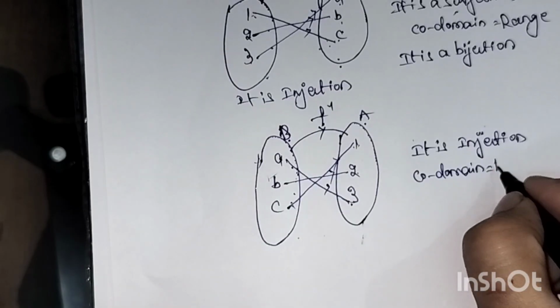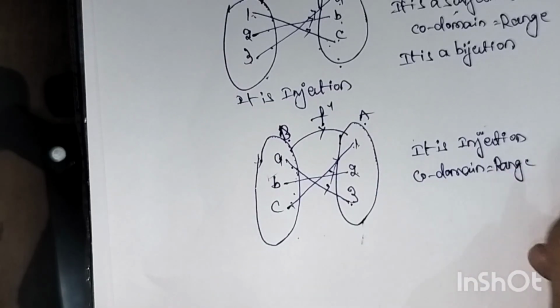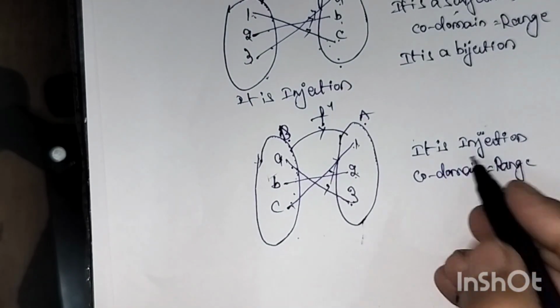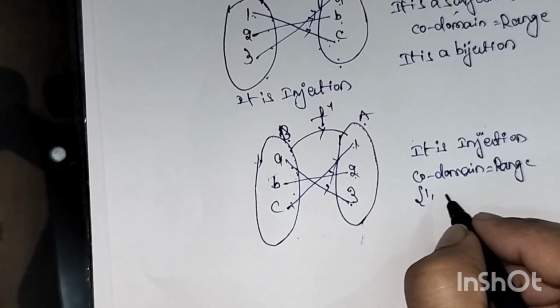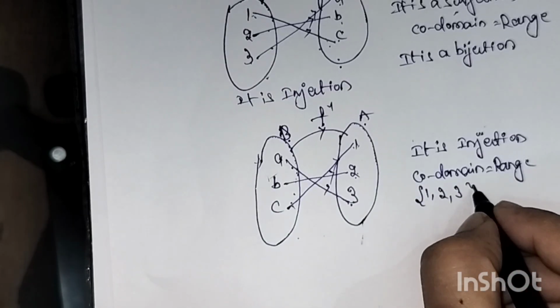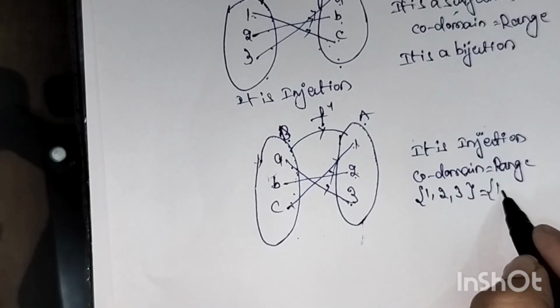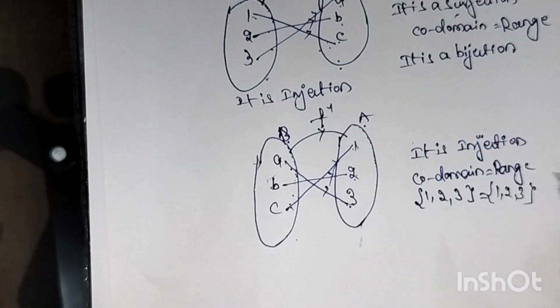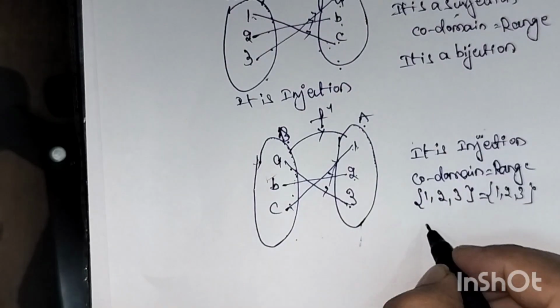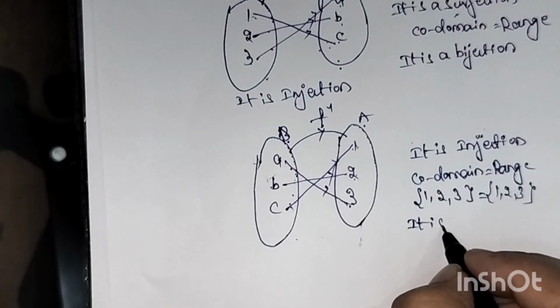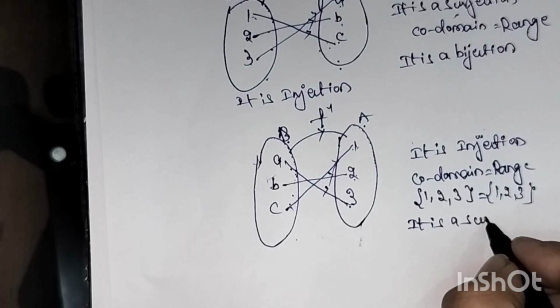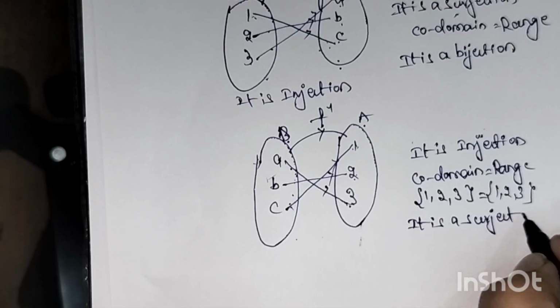Codomain is equal to range. What are the codomain elements? 1, 2, 3. Range elements are 1, 2, 3. So it is a surjection.